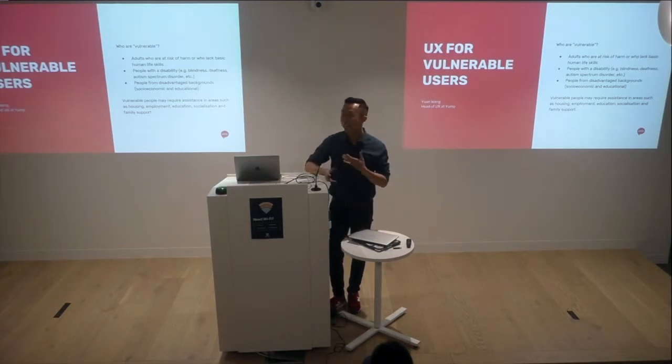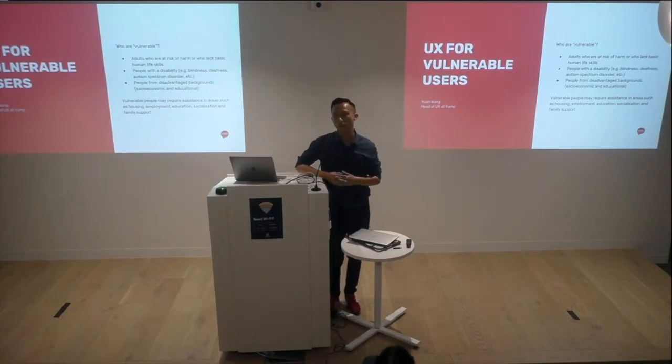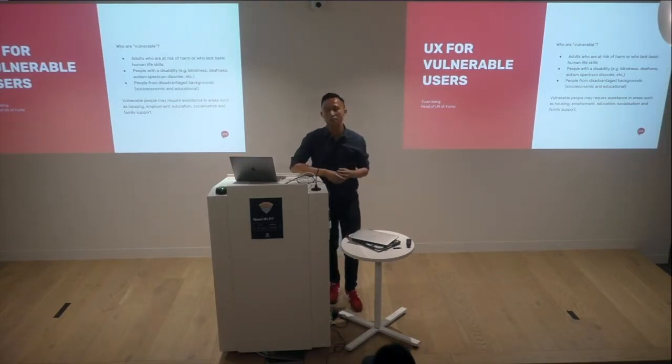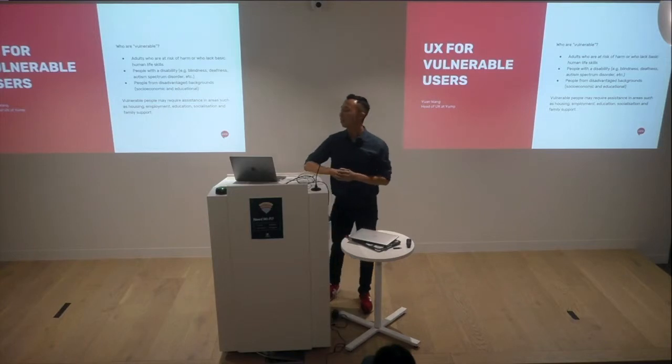Disadvantaged backgrounds can mean socioeconomic or educational, so literacy as well. So what is in common is that vulnerable people may require assistance, sometimes from the government, in areas such as housing, employment, education, socialization, and family support. So they need some help as well.